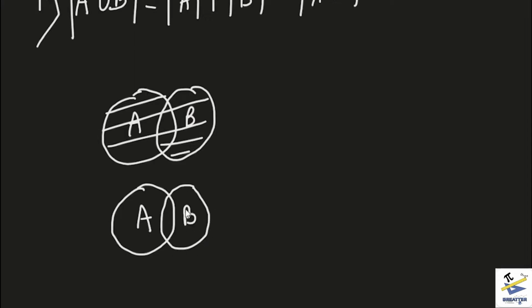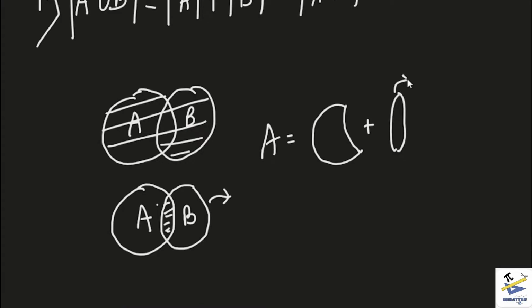Okay, but these two can be written separately like this. So this portion is common to both. A is basically this whole circle, but only this part plus this common portion, which is A intersection B, right?